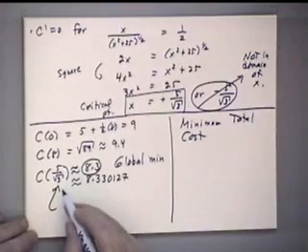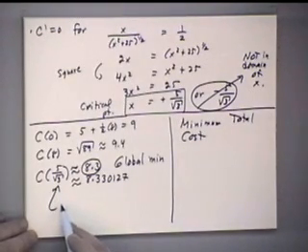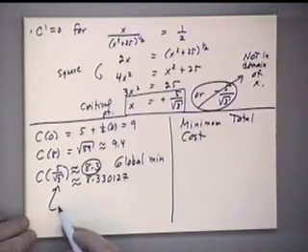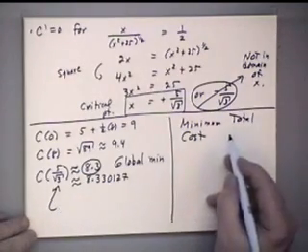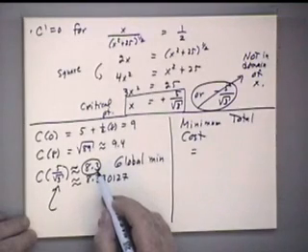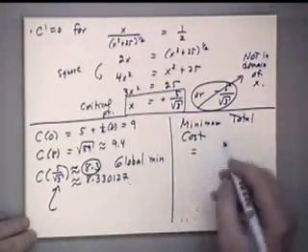It occurs when the x value, the position that I will be bringing the pipe to shore, is 5 over square root of 3 units, in this case kilometers, from the point A. But the minimum total cost then will be this number multiplied by 1,000,000, because remember the cost was in units of 1,000,000. That's why I have these extra decimals here.